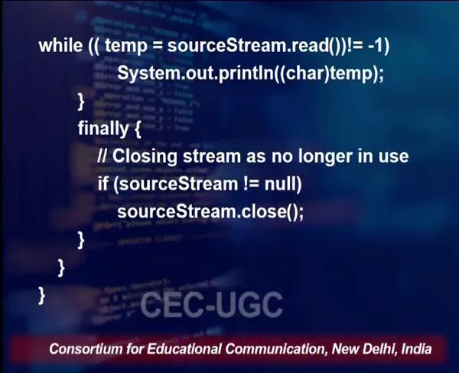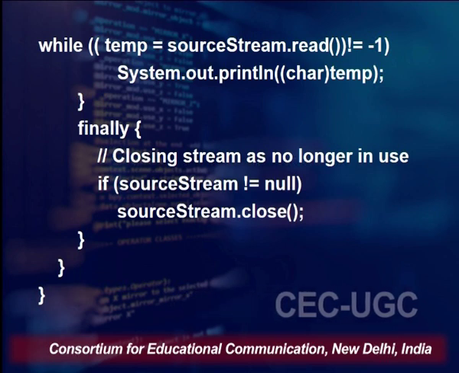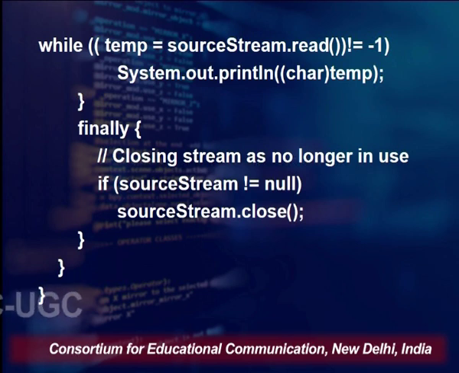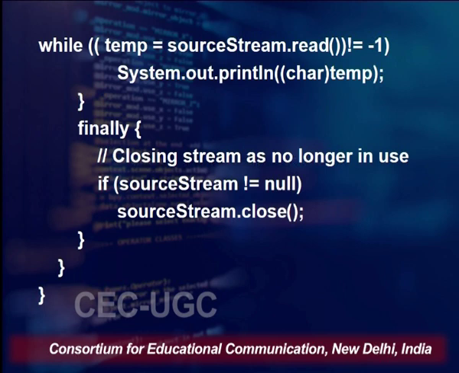So, the while statement goes like this: temp = sourceStream.read() not equals to -1, System.out.println. Please notice here the typecasting of temp into a character, because here we are dealing with character streams.